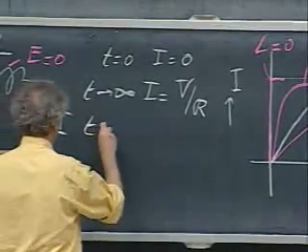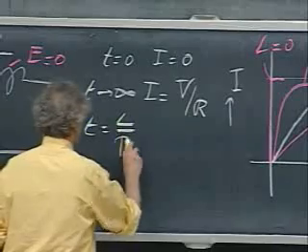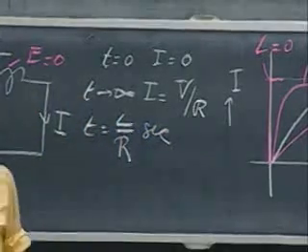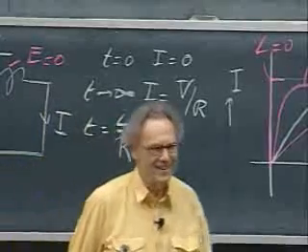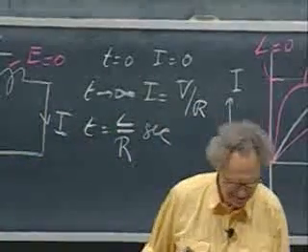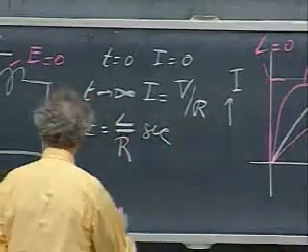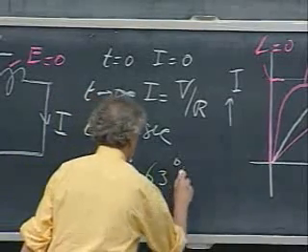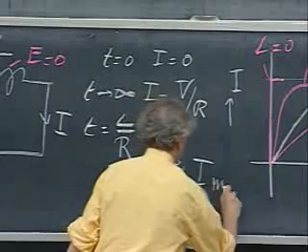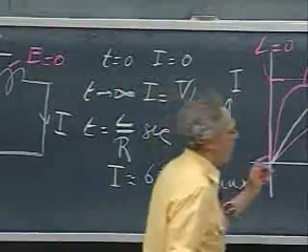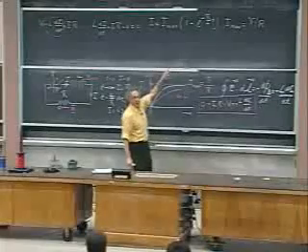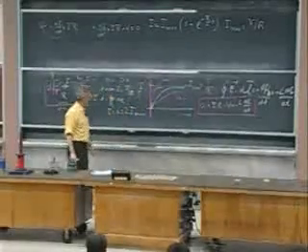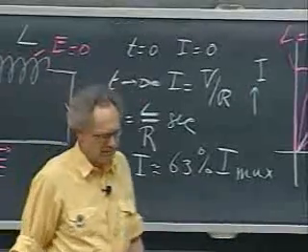If you wait L over R seconds, and believe it or not, if you have some time, convince yourself that L over R indeed as a unit is seconds, then the current I is about 63% of I max. Because if t is L over R, then you get 1 minus 1 divided by e. And that is about 0.63.